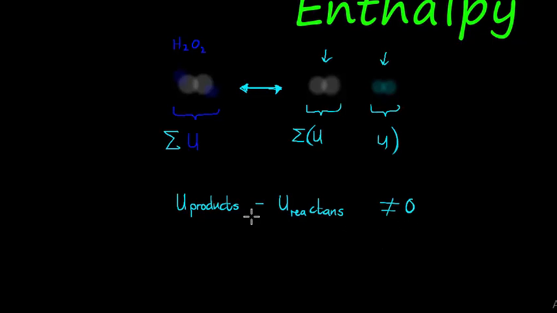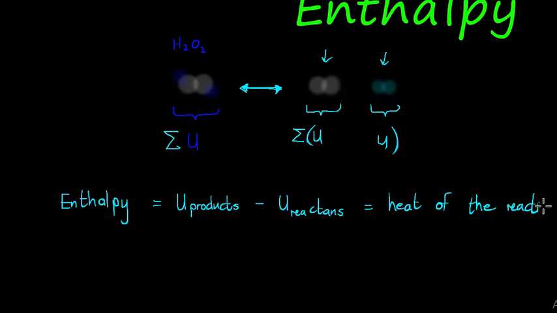In other words, they're not necessarily the same, so that it adds up to 0. But what it does give me is the enthalpy. This is what enthalpy is, and you'll understand in just a minute why we call this the heat of the reaction.